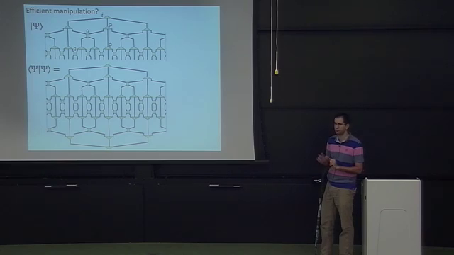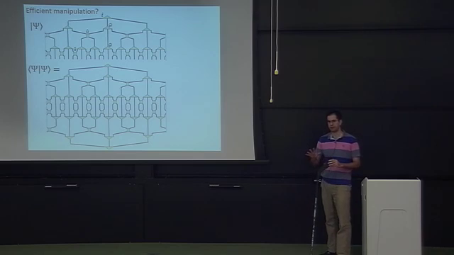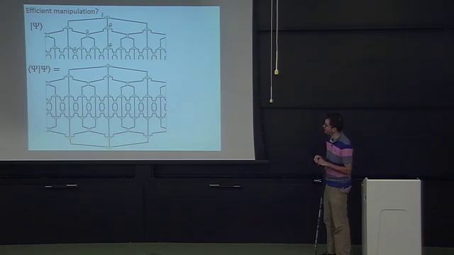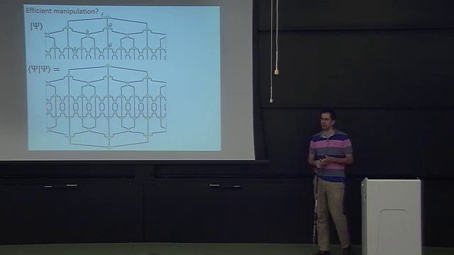And you should be suspicious that this may not be efficient, because we already mentioned that if you have a 2-dimensional tensor network, whenever we don't have a sequence of matrices, a 1-dimensional array, but actually a 2-dimensional array, then that is typically not efficient.